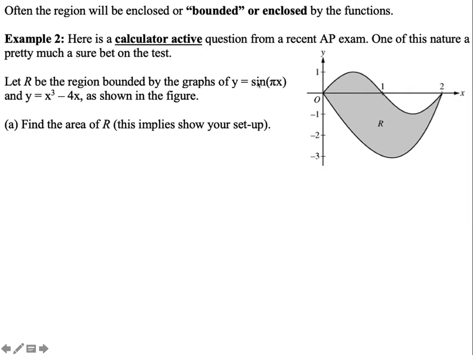Remember, sine oscillates, so that should help you figure out that the top one here is the sine of x, and that leaves the bottom one to be the cubic. So we know that the sine function is the top, the big y values. This is the bottom, the small y values, so it's going to be sine pi x minus x cubed minus 4x.